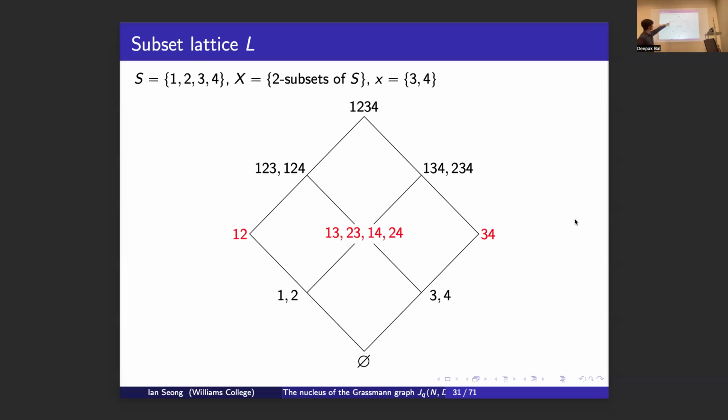Its intersection with {3,4} is just the singleton {3}, and the set itself has size 3. So it's going to have coordinates 1 and 2, because 1 plus 2 is 3.